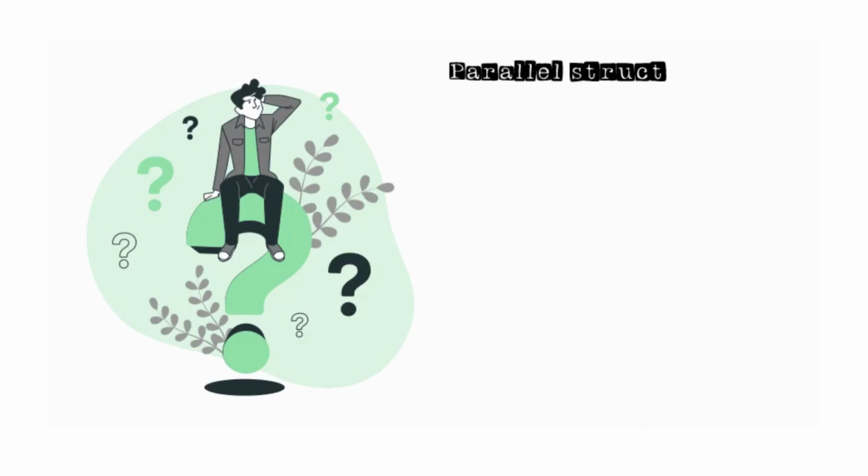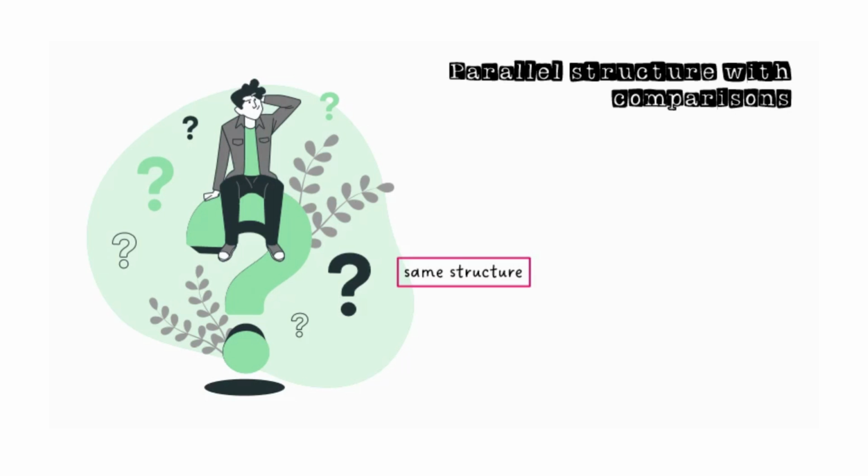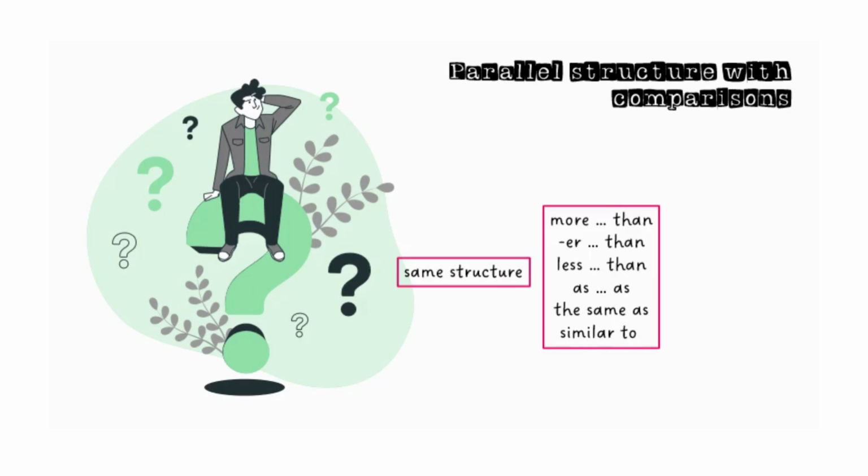Now, for the last topic, let's take a look at parallel structure with comparison. First, let's take a look at the pattern. Structure, followed by the comparison, followed by the same structure. What does it mean? Now let's go to the next slide.